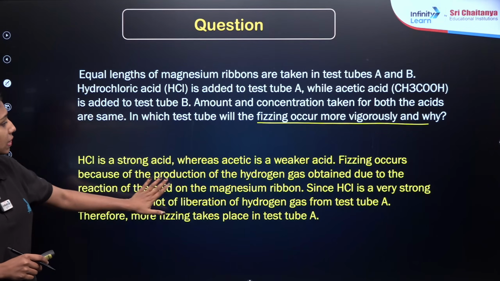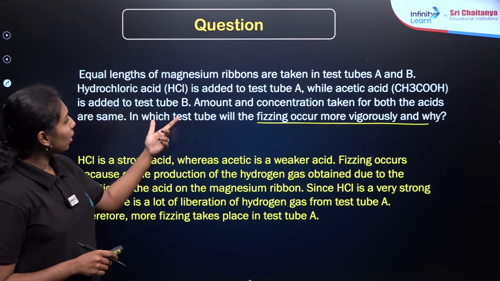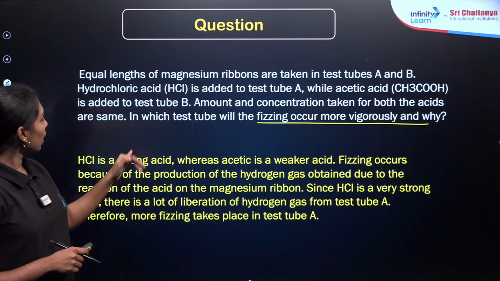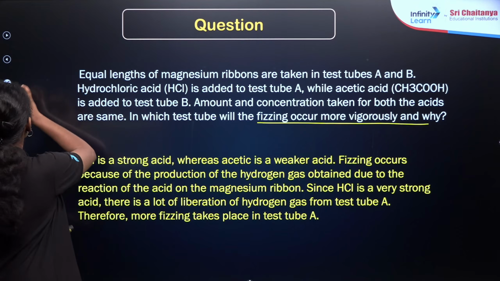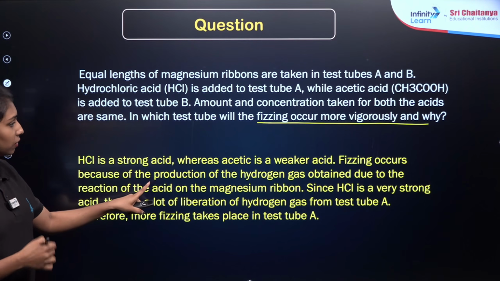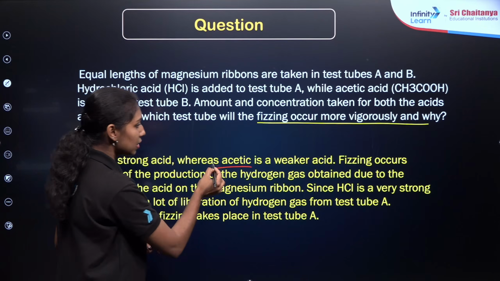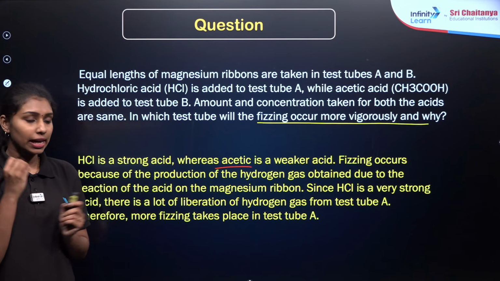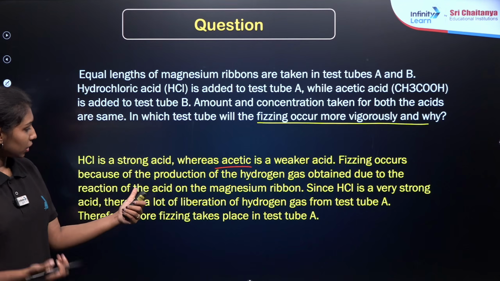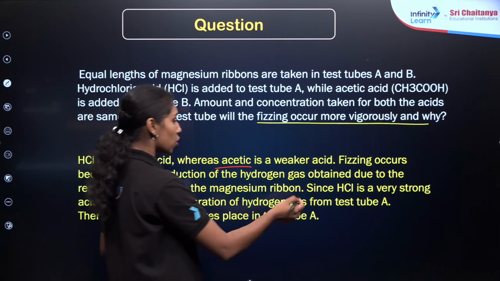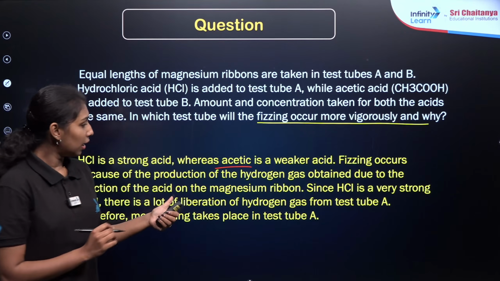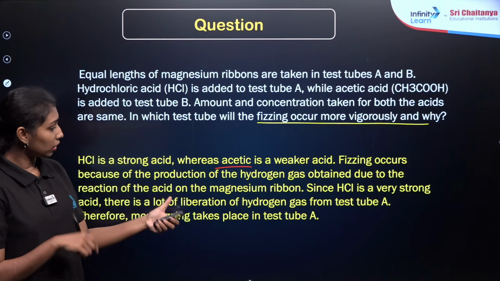So obviously, the test tube to which HCl is added will be having the fizzing, right? HCl is a strong acid, whereas acetic acid is a weak acid. We know that fizzing occurs whenever hydrogen gas is present. So fizzing occurs because of the production of hydrogen gas obtained due to the reaction of the acid with the magnesium ribbon.